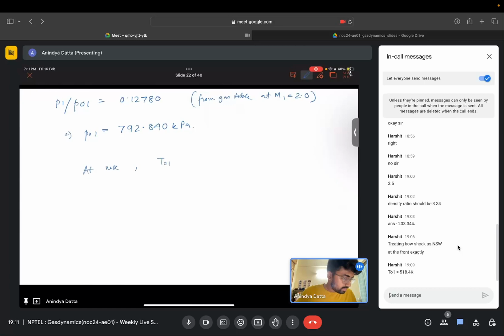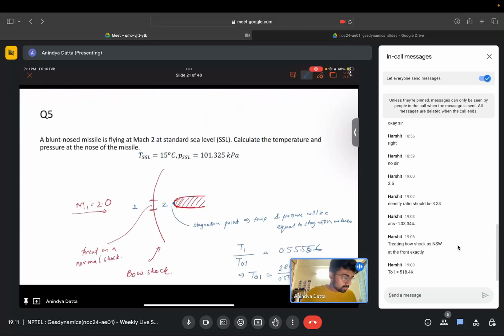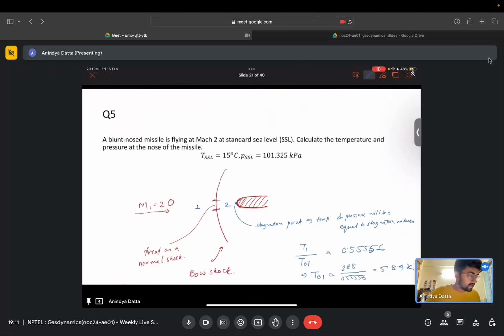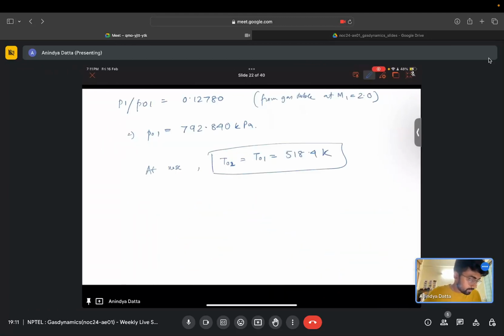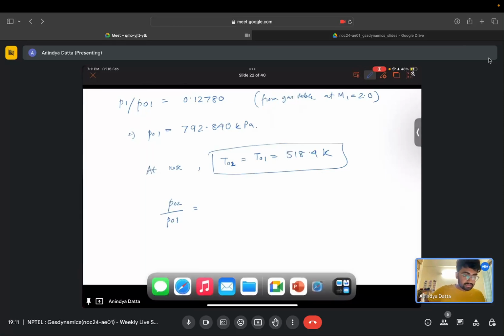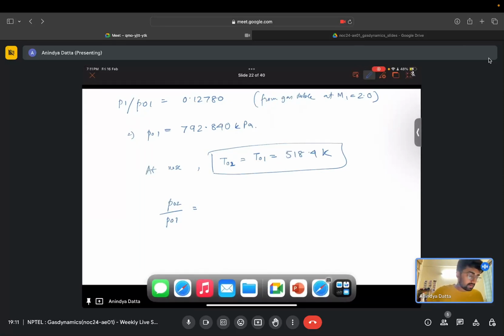At the nose we need to find T02, which will be equal to T01, equal to 518.4 Kelvin, because stagnation temperature stays constant, so the value will be the same. But P02 by P01 we need to find out, because the stagnation pressure decreases across the shock.